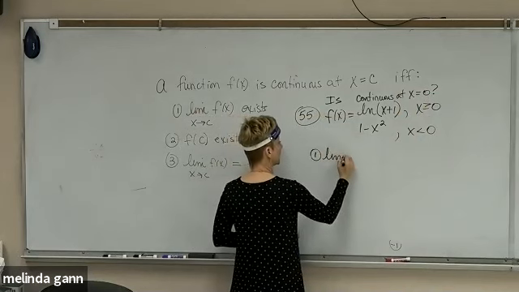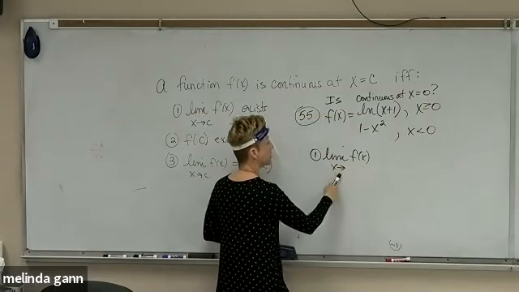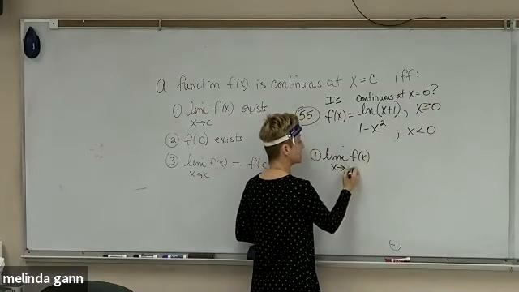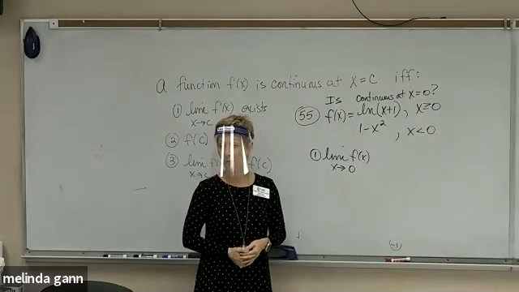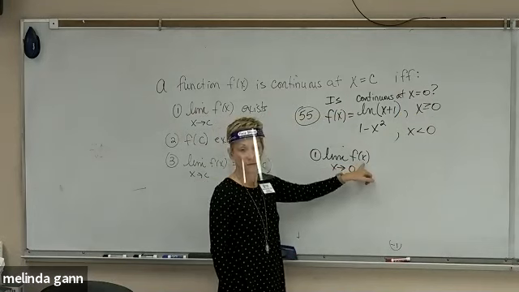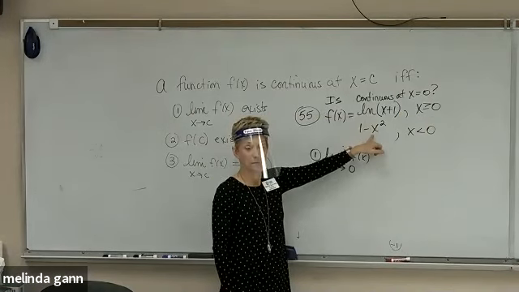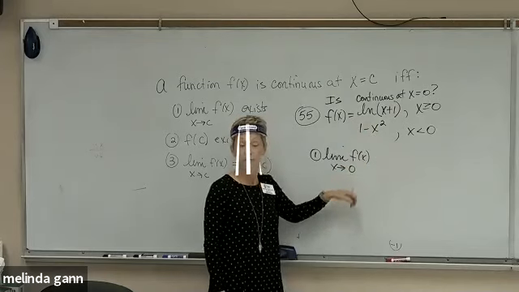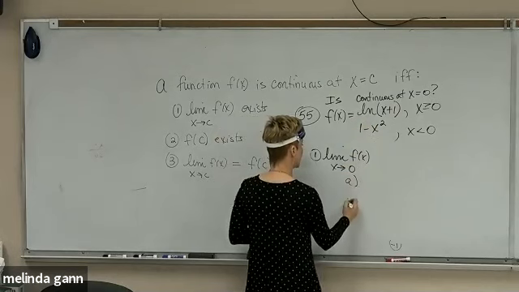I've got to check the limit of f of x as x approaches what number? I'm checking continuity at what? 0. Now, I've already got a problem. I don't know what to put for f of x. I don't know whether to put this log thing or this squared thing. So I'm going to have to do both. I'm going to have to do like an A and a B.